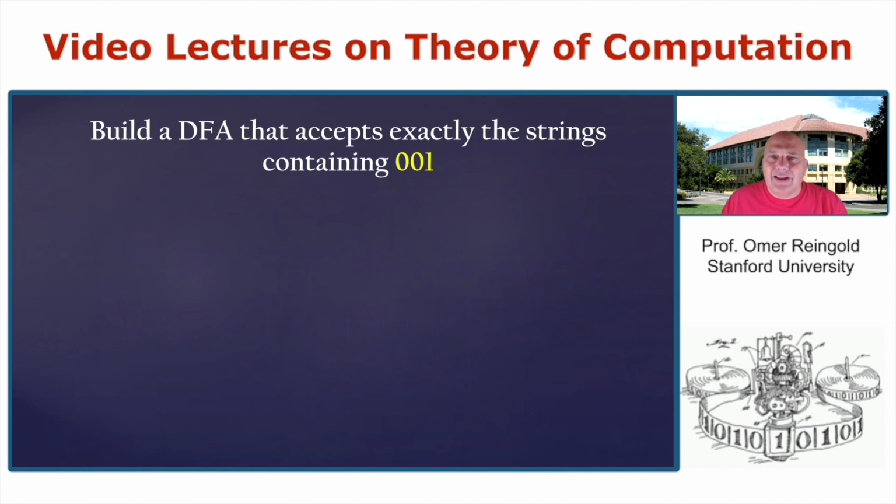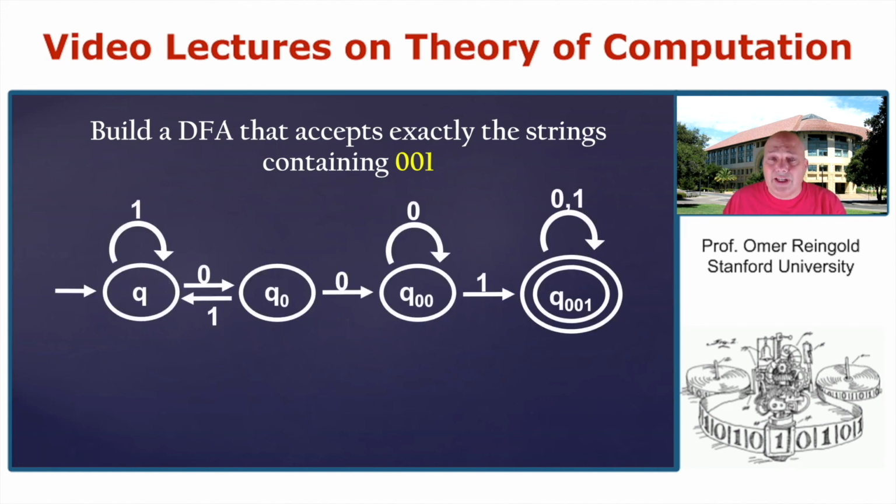So now we want to build a DFA that accepts all the strings that contain 001 and doesn't accept strings that don't contain 001. We will build it using this DFA that has 4 states, and these 4 states are trying to look for the string 001. Once you see the entire string 001, you will be in an accept state, and you will just continue there.